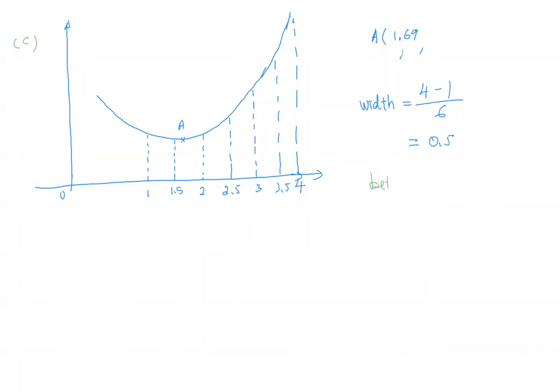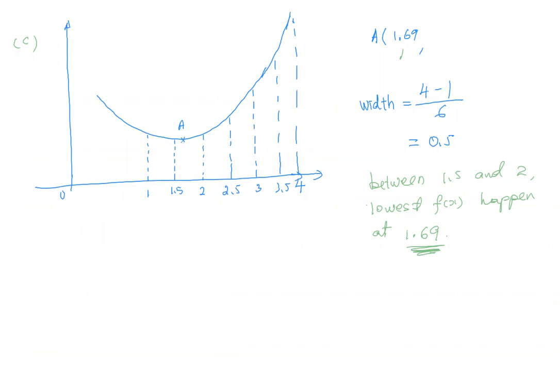Between 1.5 and 2, the lowest f(x) happens at 1.69. So this is a crucial point. See or not? Do you get me?